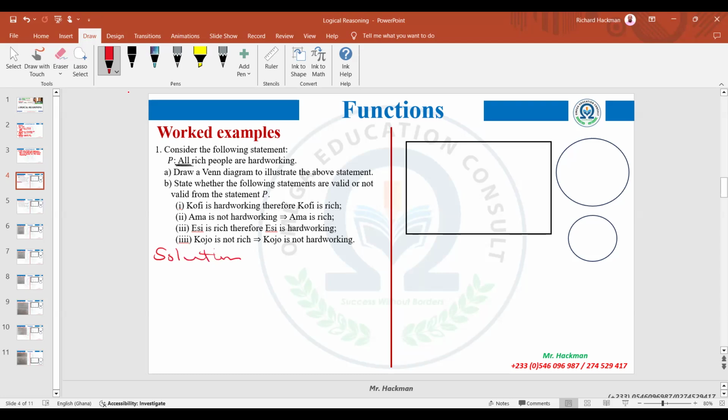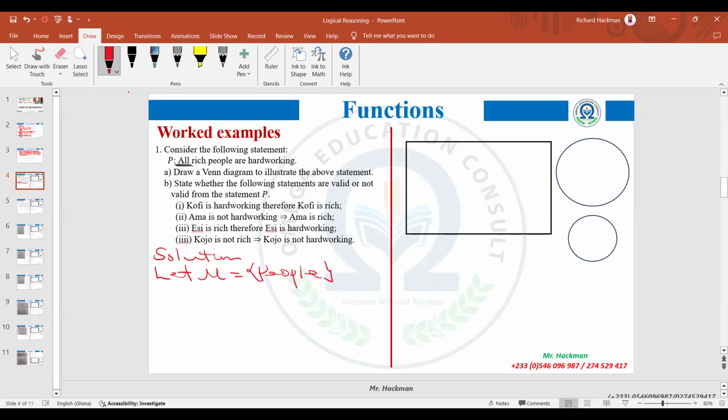Then, just like with sets, whenever you are dealing with a word problem in terms of sets, you start by writing let. You have to define all your sets under consideration. The first set that you define usually will be your universal set. So in this case, I'm going to write let mu be equal to a set of people. Obviously you can see that we are dealing with a set of people.